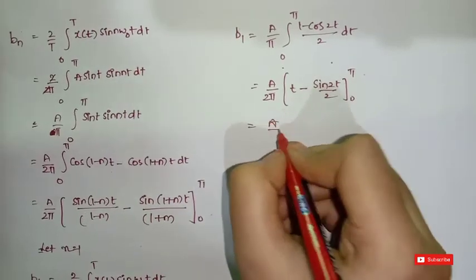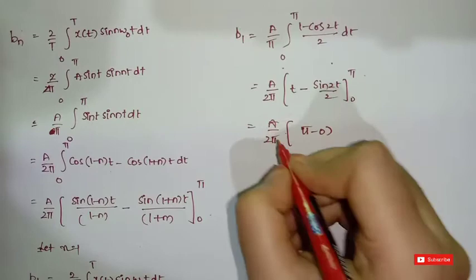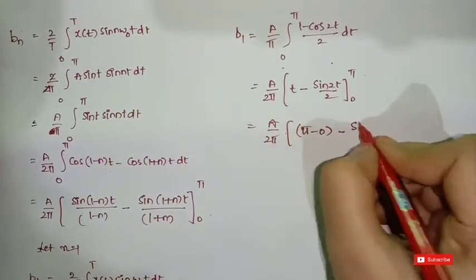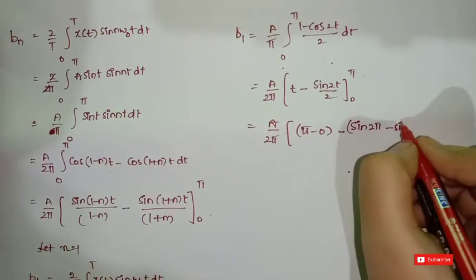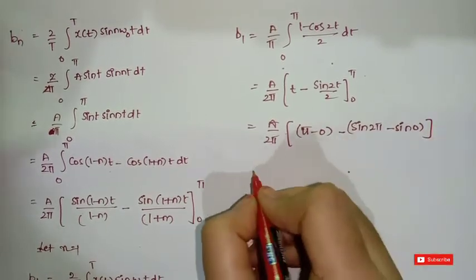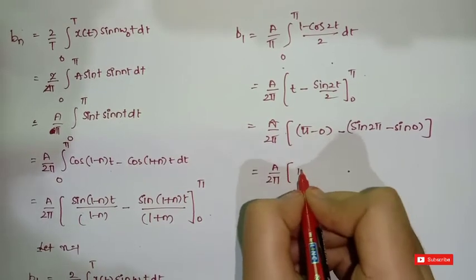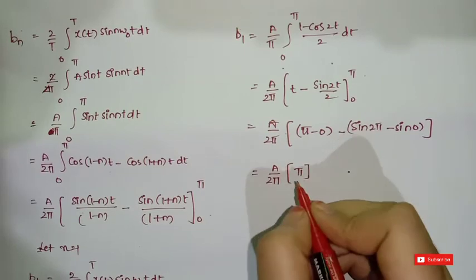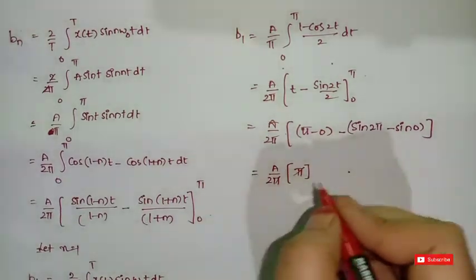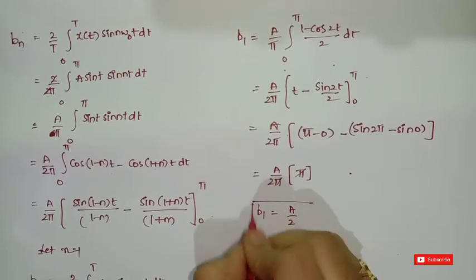Substitute the limits: a by 2 pi, pi minus 0 minus sine 2 pi by 2 minus sine 0. A by 2 pi into pi minus 0 is nothing but pi, and sine 2 pi is 0 and sine 0 is also 0. Pi gets cancelled, and b1 is equal to a by 2.